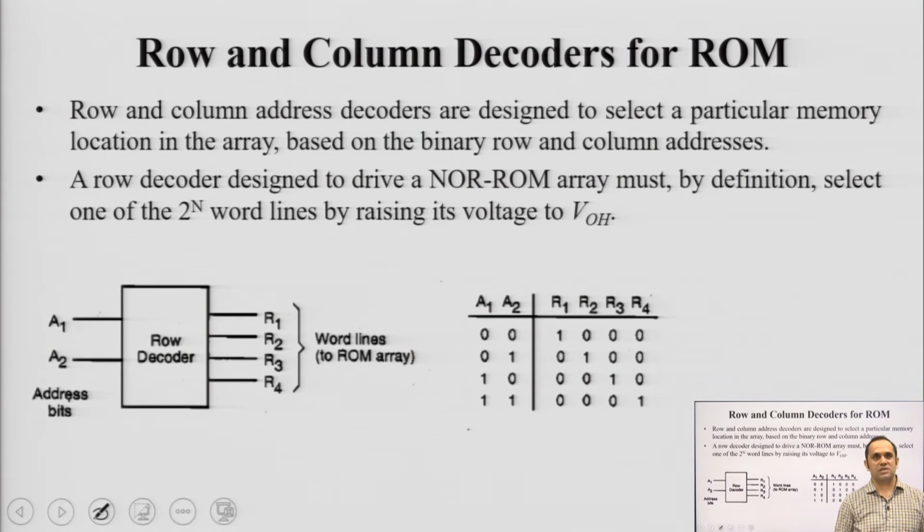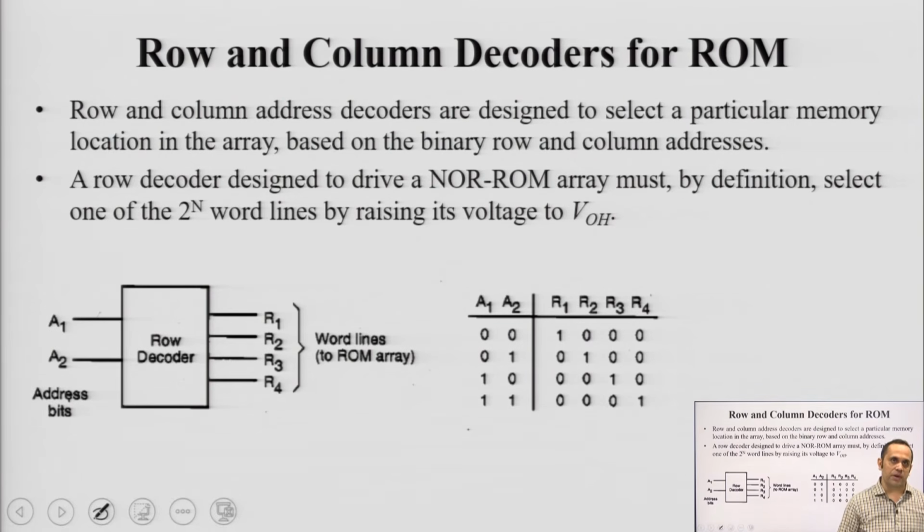Okay. Now, this is how you have written the data. To access a particular stored data, you need some decoding circuits. These are known as row and column decoders. Row and column address decoders are designed in such a way that they help you to select a particular memory location in the array, based on a binary row and column address.